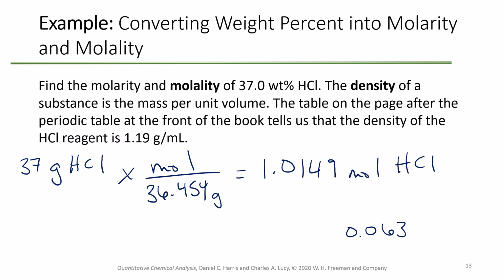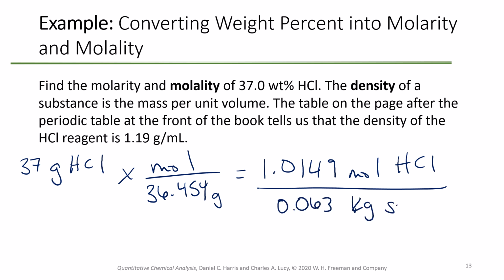And then if I divide that by my kilograms, I can find that the molality is 16.1, and I can use a lowercase m or leave it as moles per kilogram.